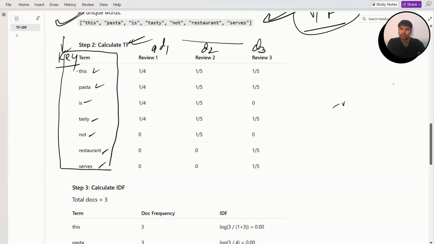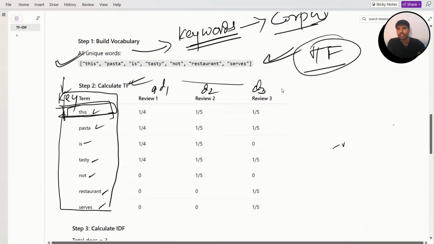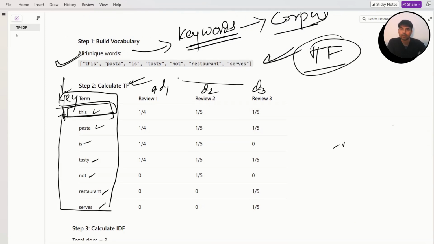Now for these keywords I need to find the term frequency. I told you, term frequency is always local to a given review or document. So I will find each keyword in all 3 documents: what is the count in D1, in D2, and in D3?